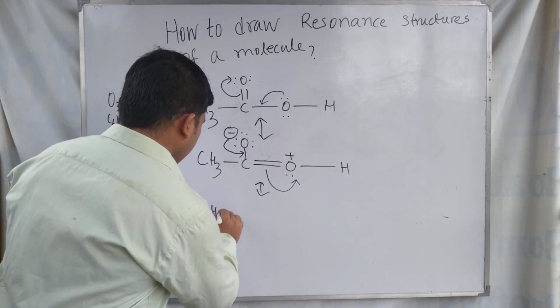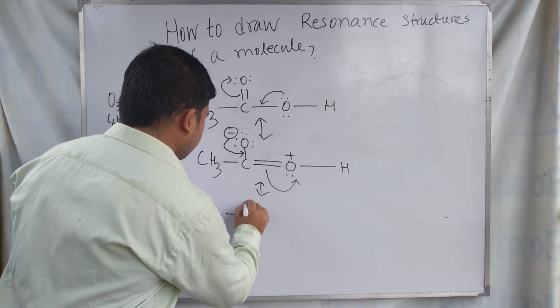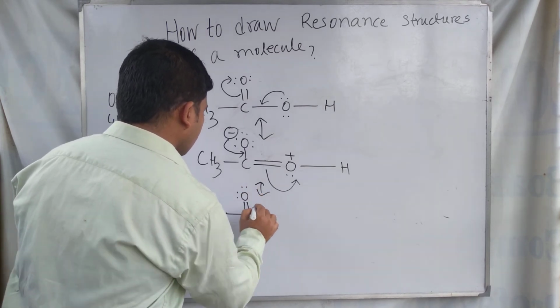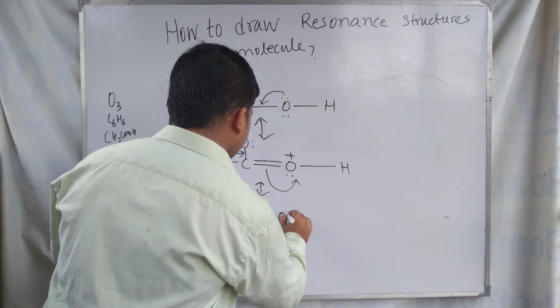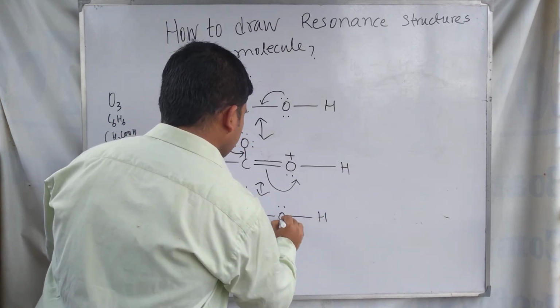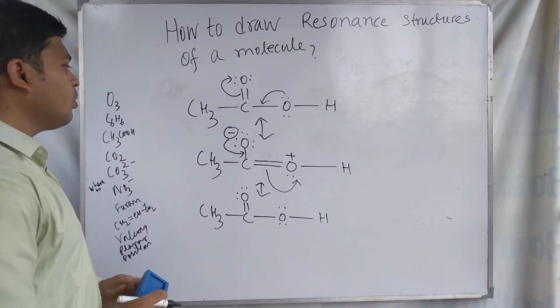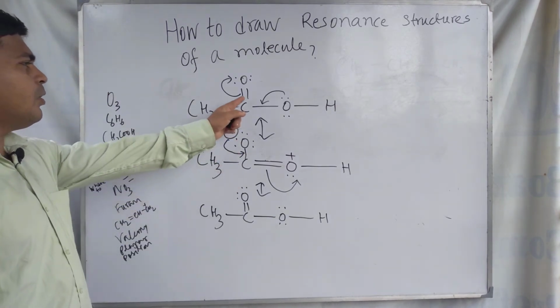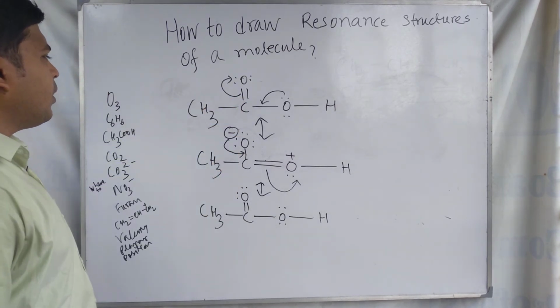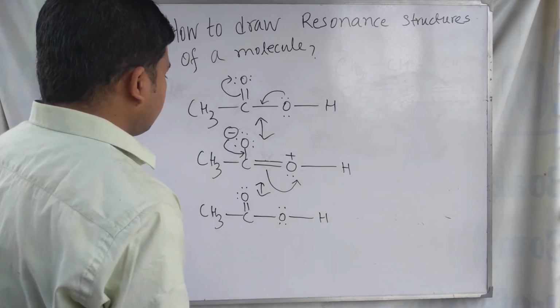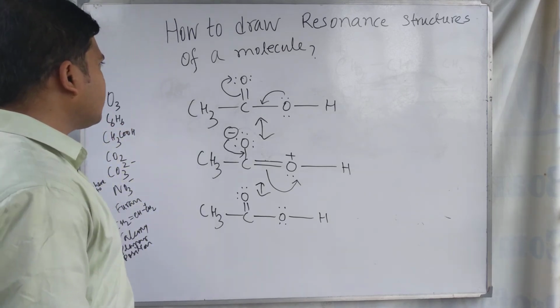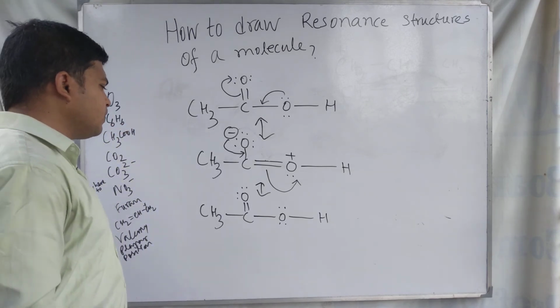Means the next structure should be like this one. This one is the next structure, means the initial structure we are returning back. Okay, this is the way of drawing the resonance structures for acetic acid molecule.